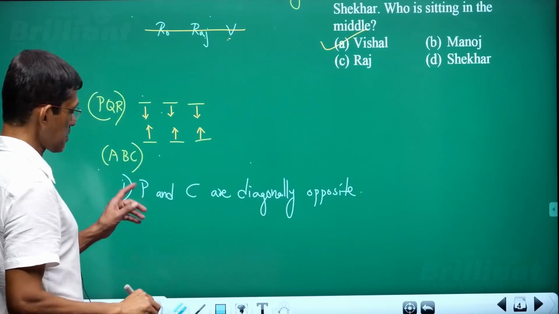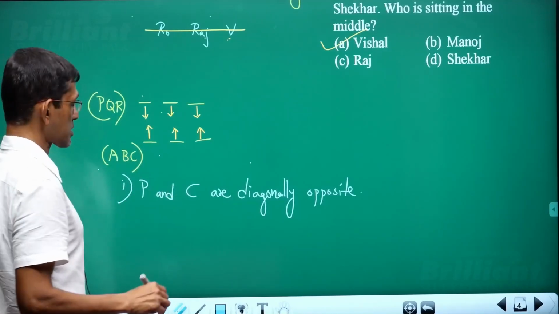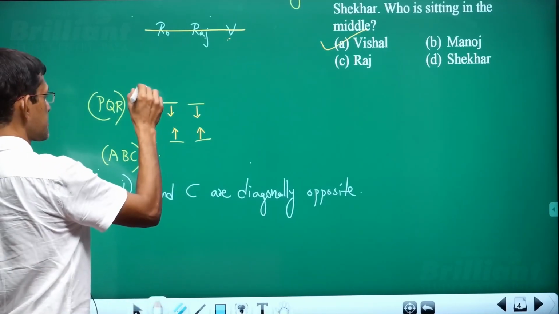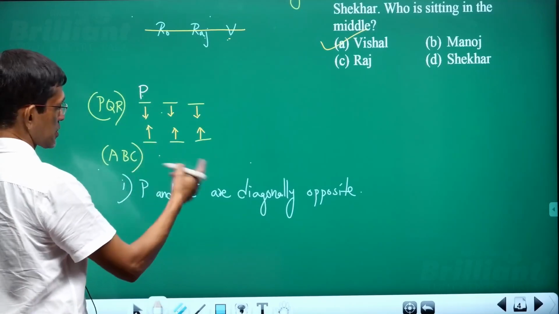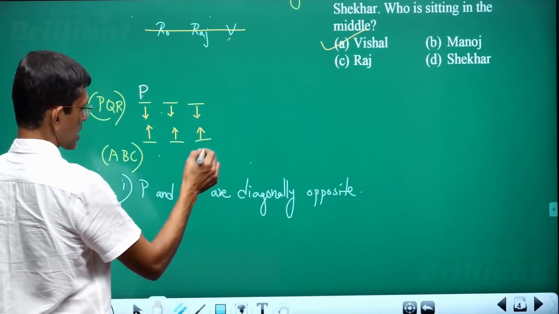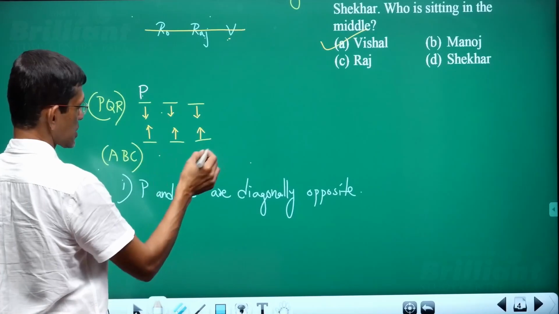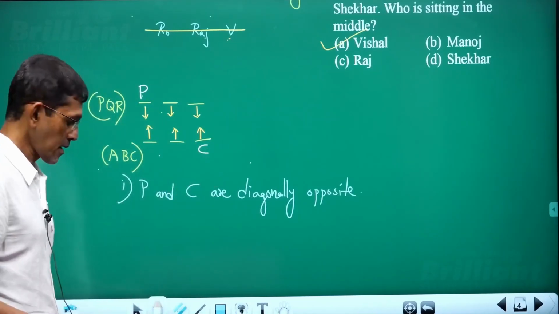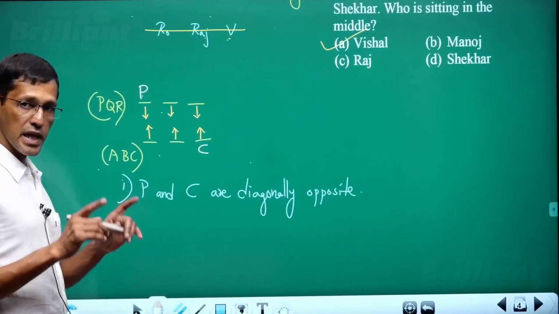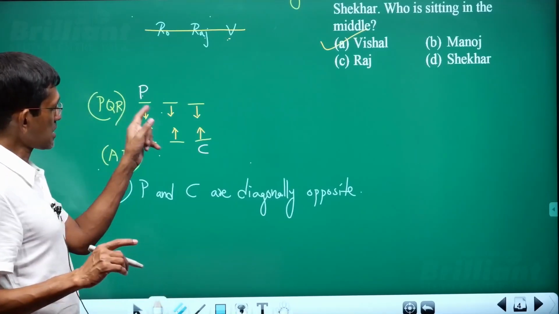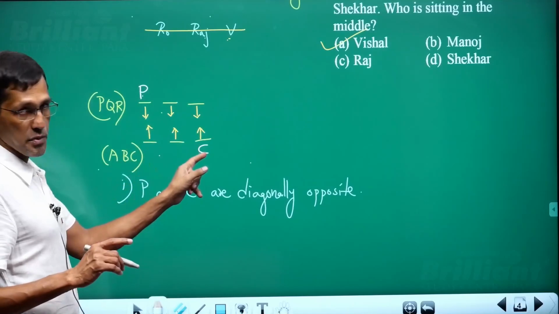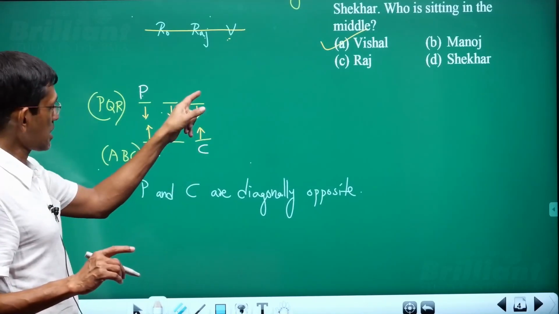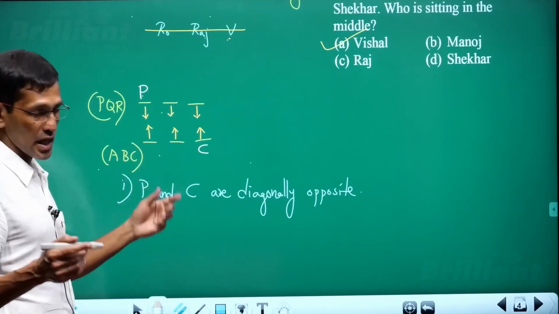At the same time, P and C are diagonally opposite. So we can have P here, and ABC is supposed to be here. Then we can have C in one of these positions, but P and C must be diagonally opposite. So C is here. Apart from that, you can have P here and C here. That is still diagonally opposite.